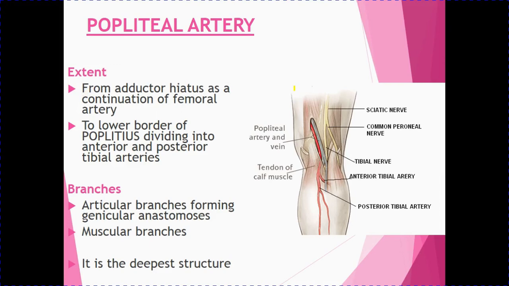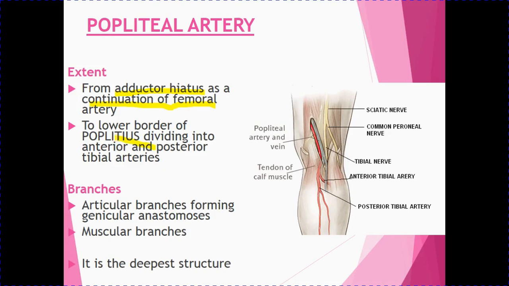When the femoral artery enters the adductor hiatus, its name changes to popliteal artery. So the popliteal artery is actually a continuation of the femoral artery at the level of the adductor hiatus. The popliteal artery arises from the adductor hiatus as a continuation of the femoral artery.